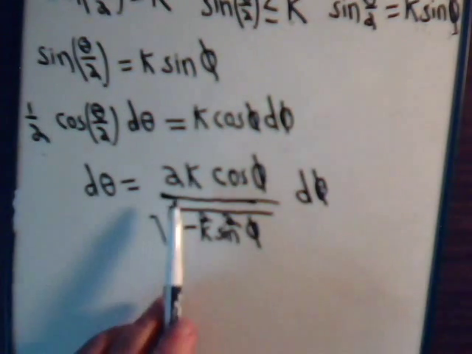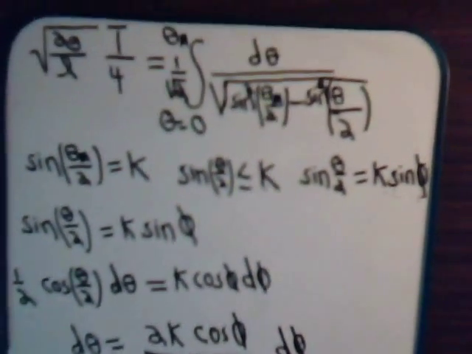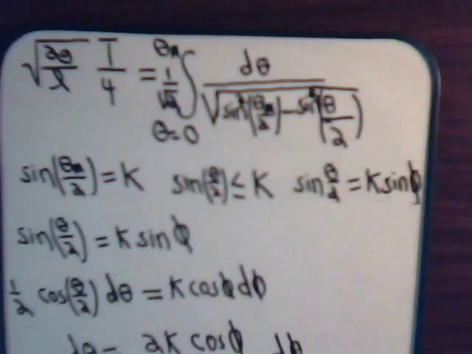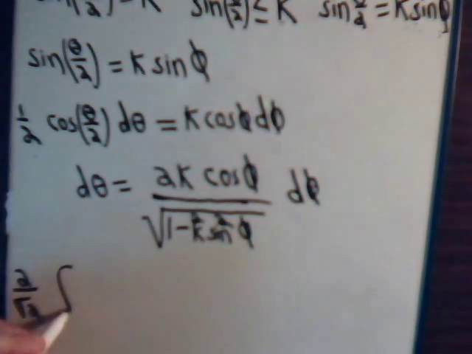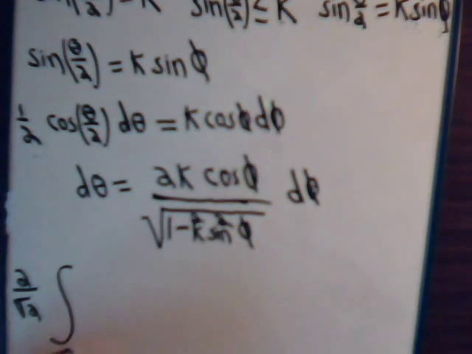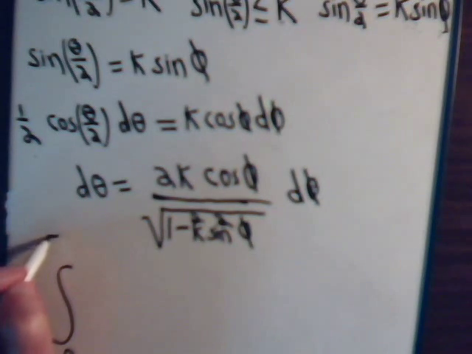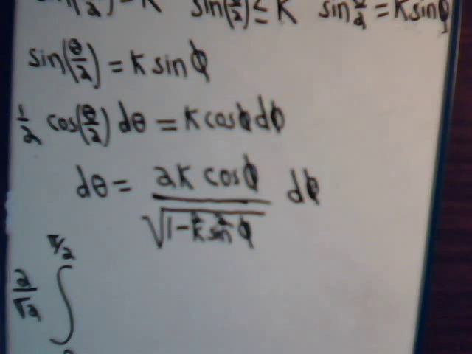Here, notice we have 2, so we'll take that to the outside. Remember, we had 1 over the square root of 2, so we're going to have 2 divided by the square root of 2. Then we have this integral, and the new limits, remember, we're dealing now with phi, and that went from 0 to pi over 2.